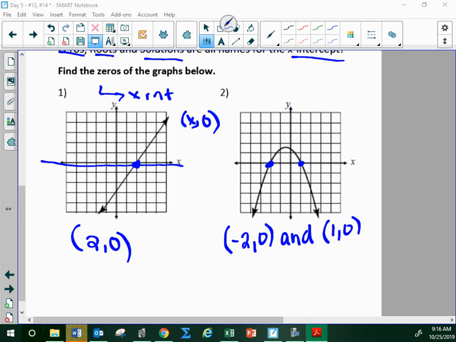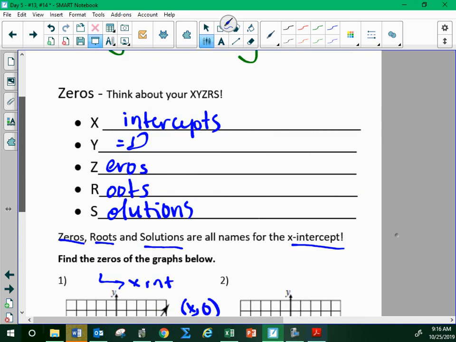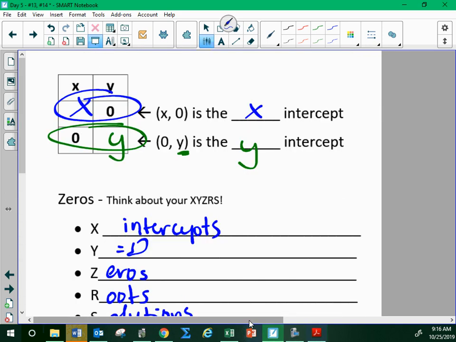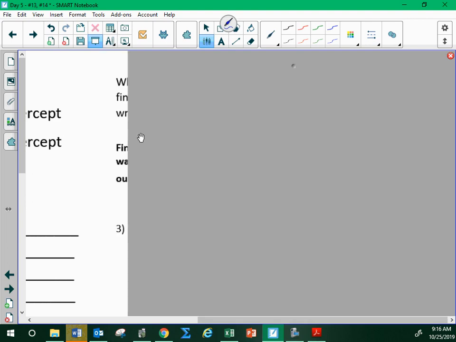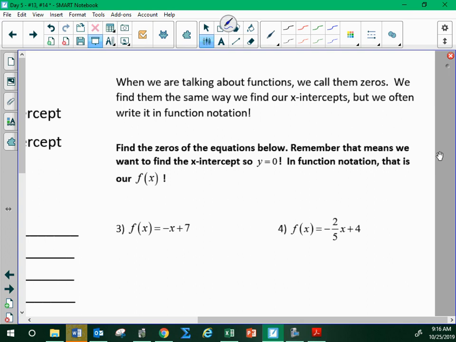But of course, now we have to talk about this in terms of our function notation, what we were working with for the last class. When we're talking about functions, we call them zeros.